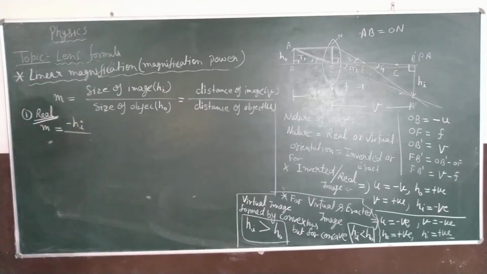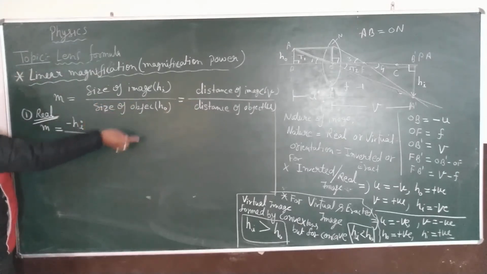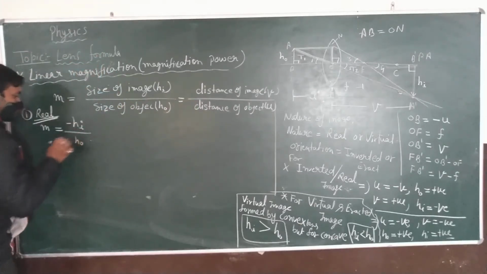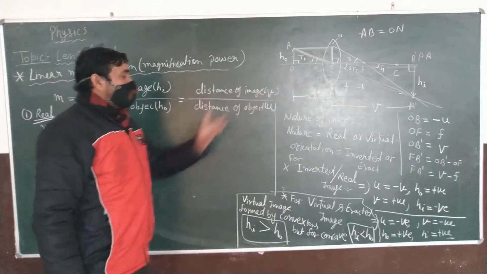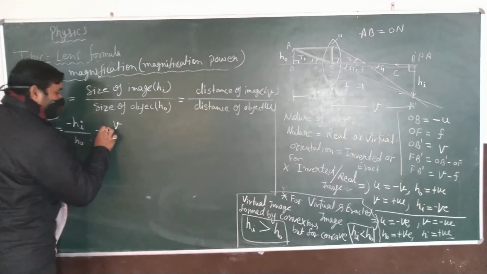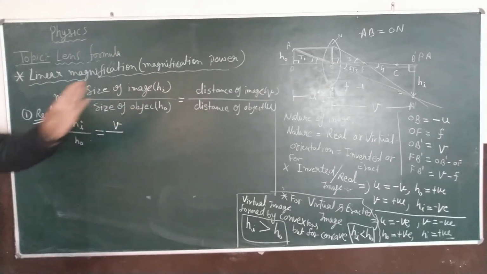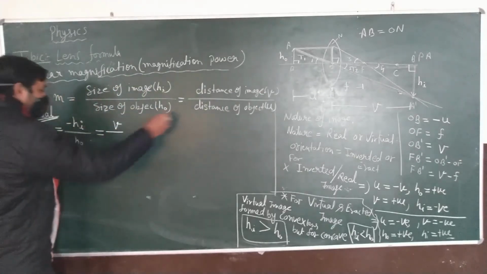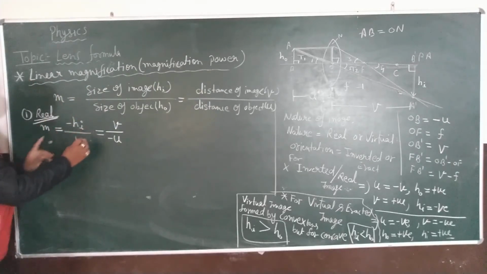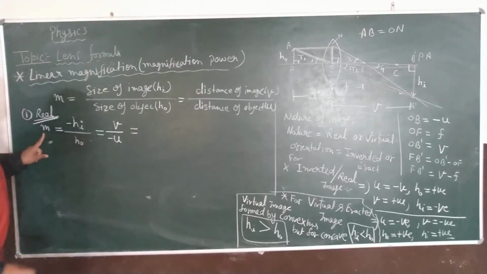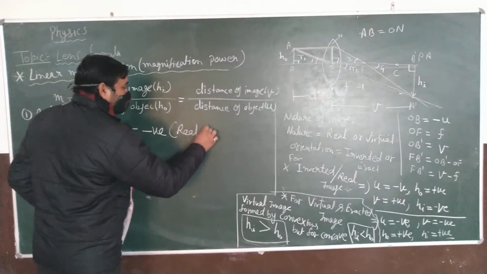And the height of the object is erected, so it is h. Second, the distance of the image is positive because the real image is on the other side, and the distance of the object is negative. From both formulas, the magnification is negative for a real image. It is clear or not?